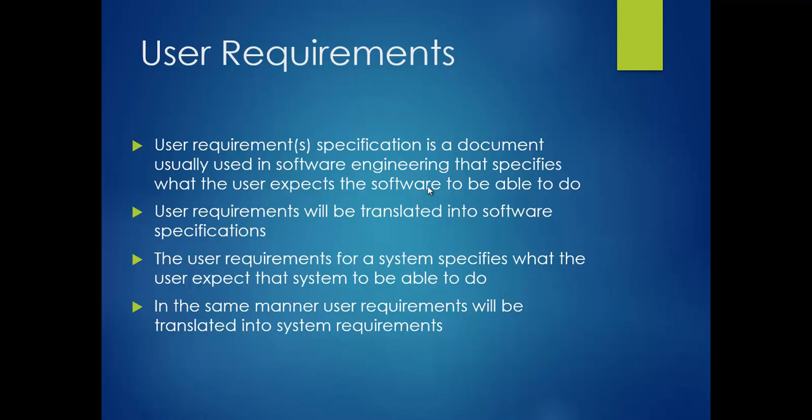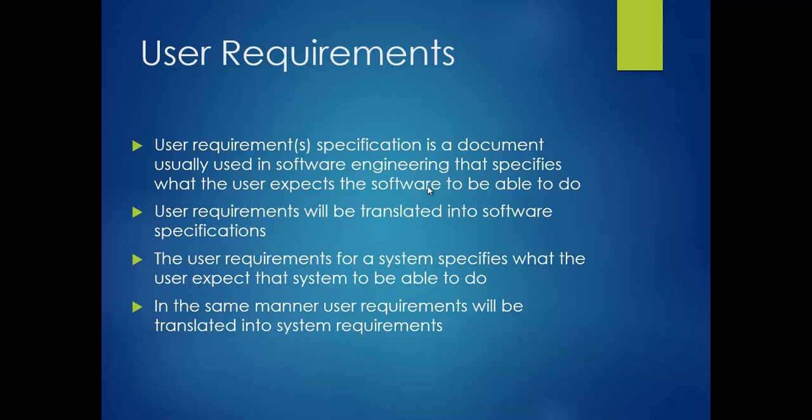If I don't know the system, or a system is new, it's not an existing system. It was not there before. How would I build one? Usually, in these cases we have to involve a user. So the user will be interviewed or surveyed.